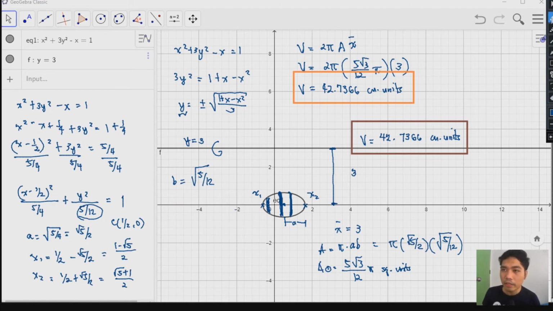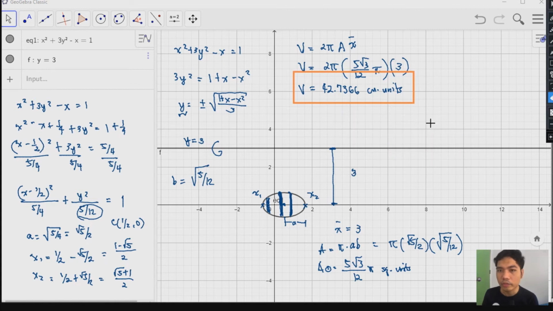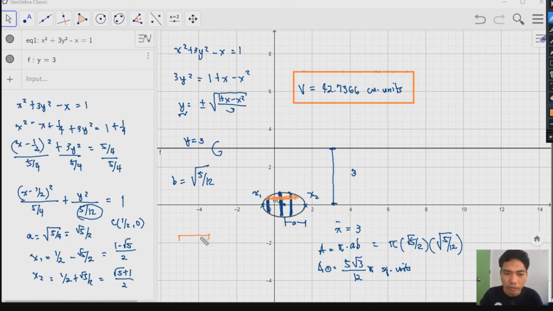Okay, and then the third solution would be utilizing the horizontal strip. So I can now remove this one, and let's just leave this from the previous answer for reference again. Okay, so using the horizontal strip, you could always draw this portion, and if you would just take this horizontal strip, you could see it from here.